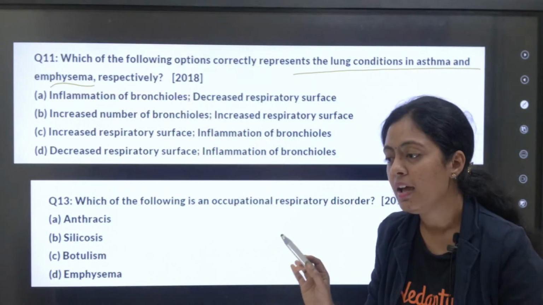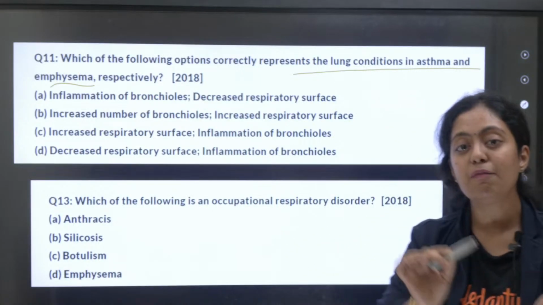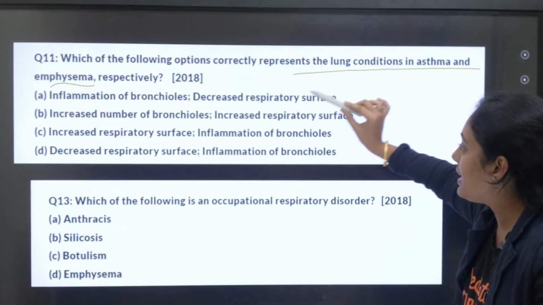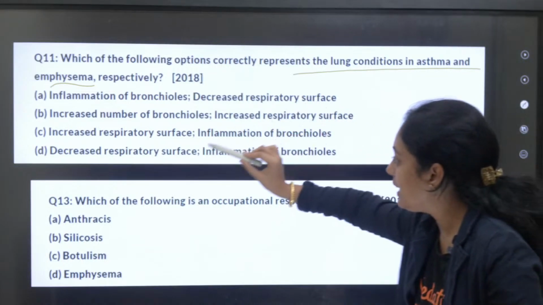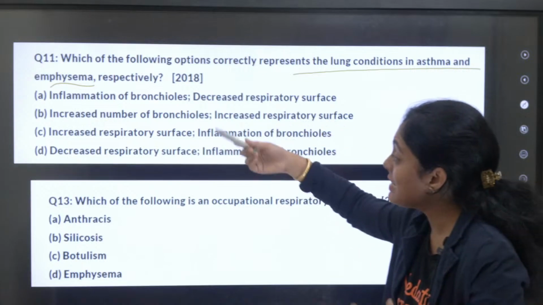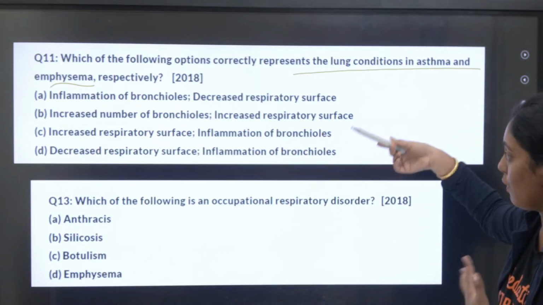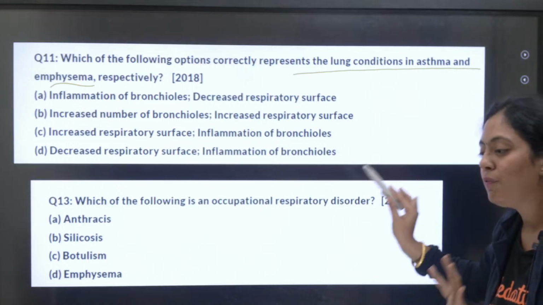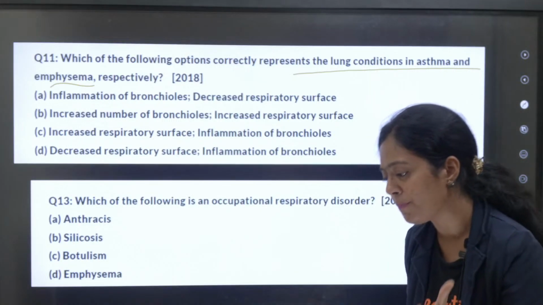Think and tell me. Okay, what will be there in asthma, and what will be there in emphysema? Options: inflammation of bronchioles, decreased respiratory surface; increased number of bronchioles, increased respiratory surface. Inflammation of bronchiole, decreased respiratory surface. Superb, very nice.